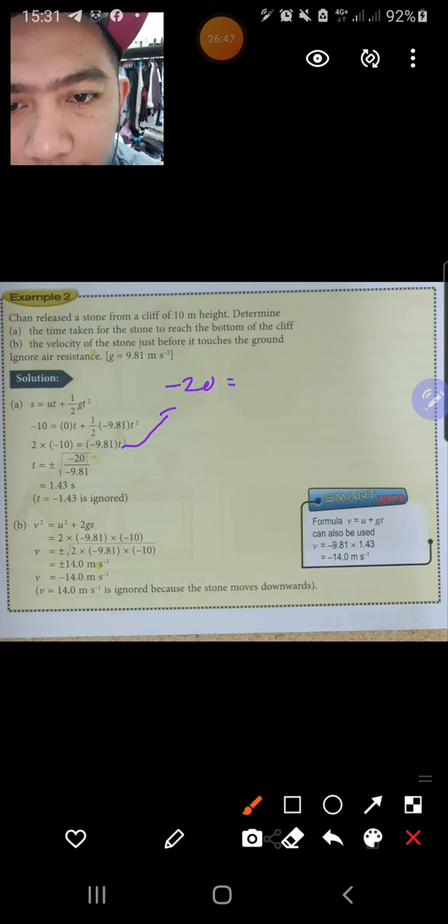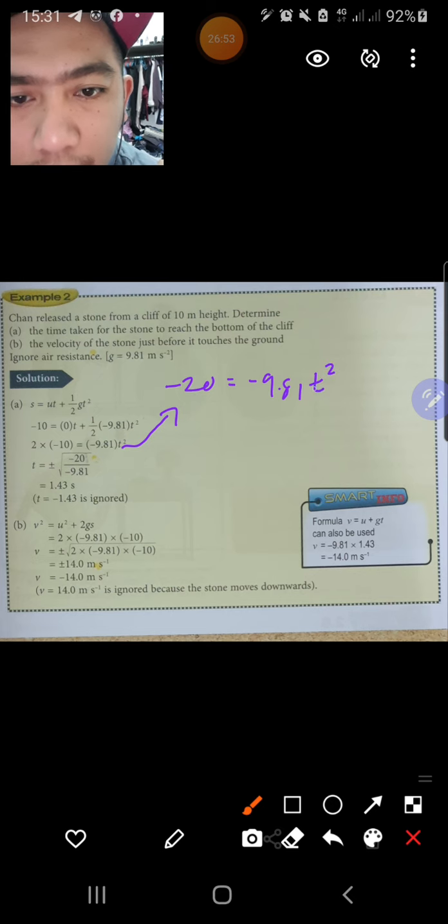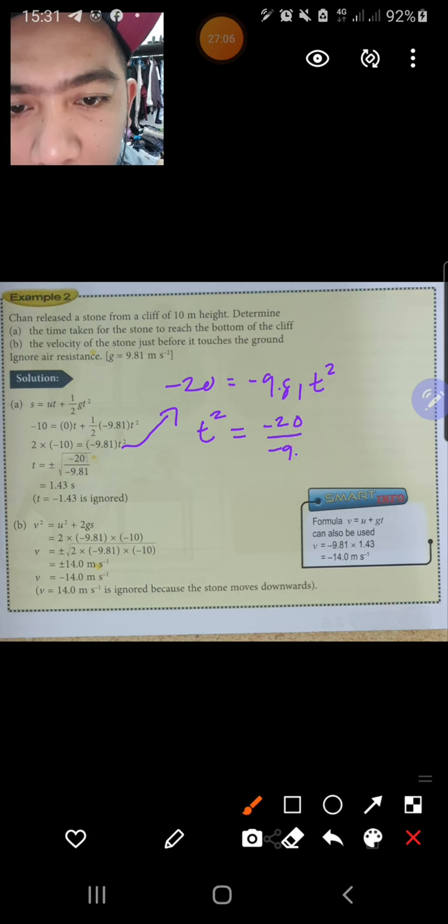Negative 9.81 t square. So now we need to find t square. So t square equals negative 20 over negative 9.81. To find t, take the square root.